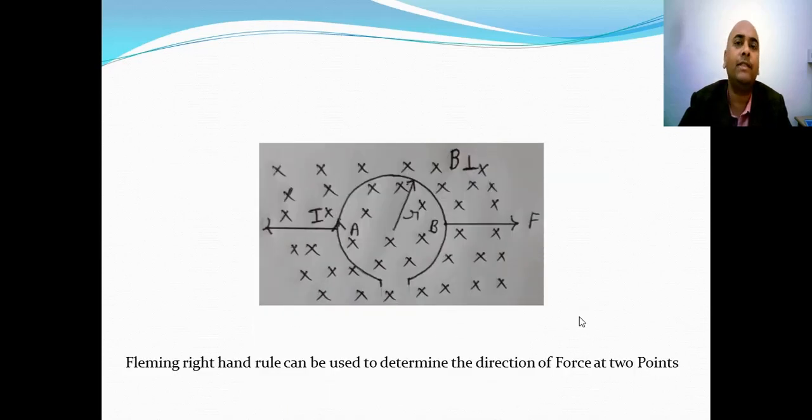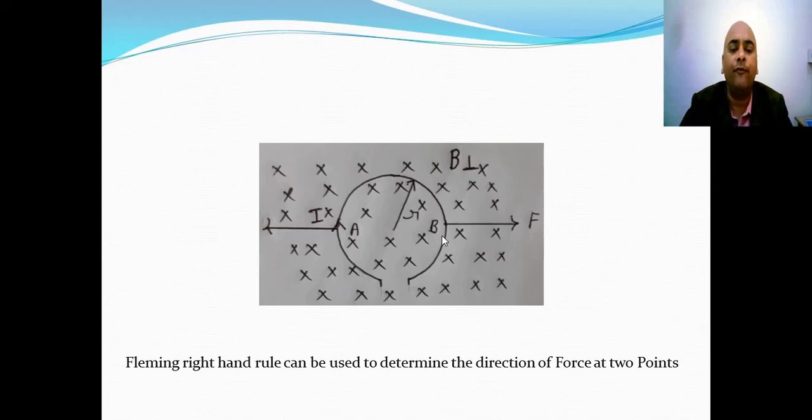In order to investigate the effect of the perpendicular component of magnetic field, we are considering 2 points on the loop, point A and point B, and we are calculating the magnetic force on point A and on point B by using Fleming right hand rule.